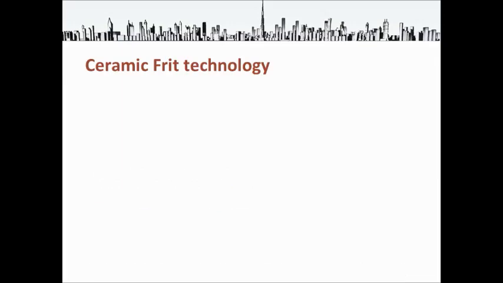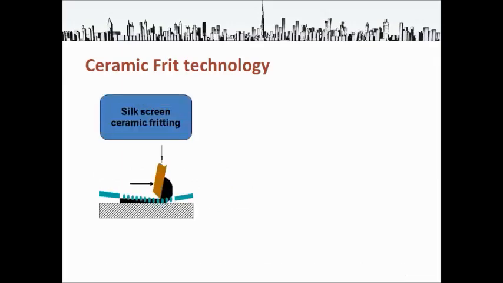If you see the ceramic frit technology, the basic form is the silk screen ceramic fritting. What you see here at the bottom is the glass, and the blue line with small pores indicates silk screen.